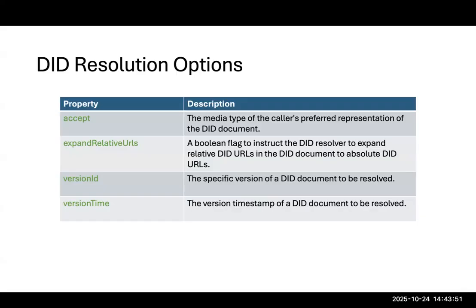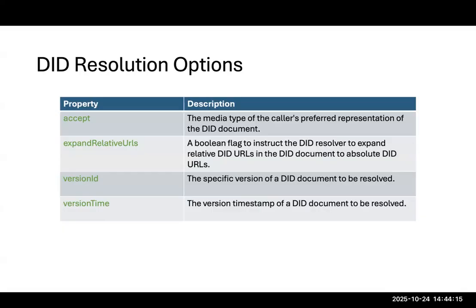Expand relative URL is a simple Boolean flag to instruct the resolver to expand or not relative URLs to absolute URLs. Version ID and version time are the specific version of the DID document to be resolved.